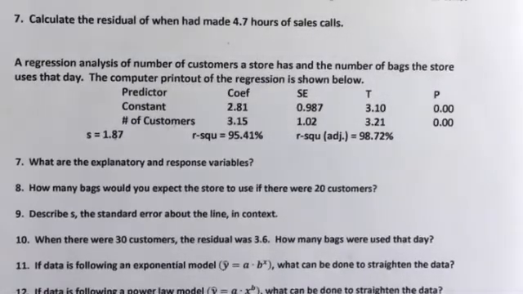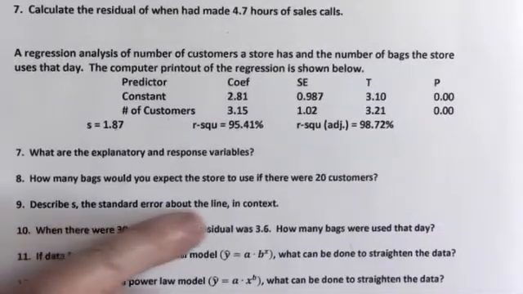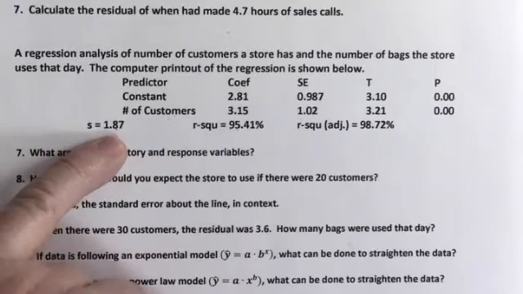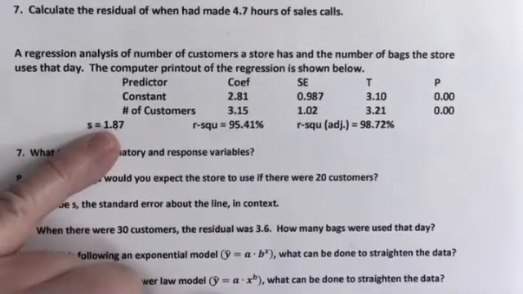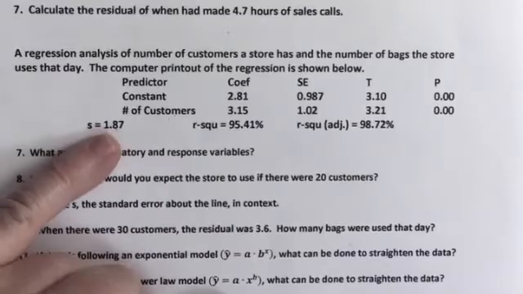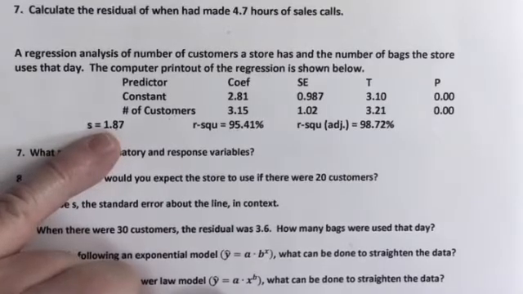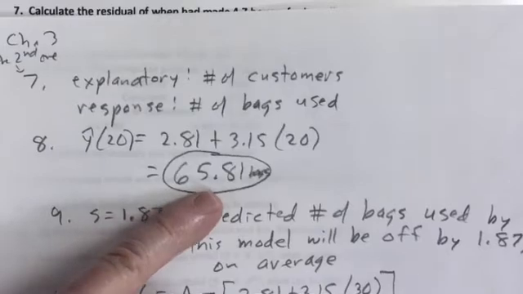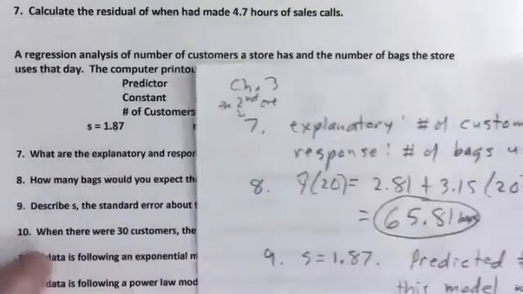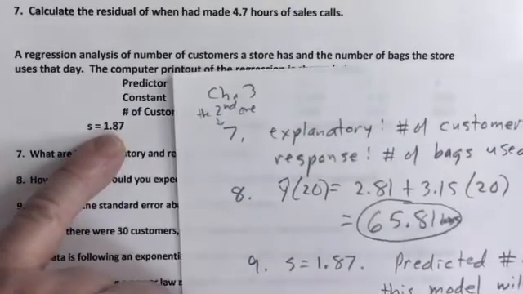All right. Describe S, the standard error about the line. That's what that number is. It's the standard deviation of the residuals in essence, but it's the average amount predictions with this model will be off. When we try to make a prediction about, hey, if we have 20 customers, how many bags are we going to use? Well, this is telling us how off this model is on average.